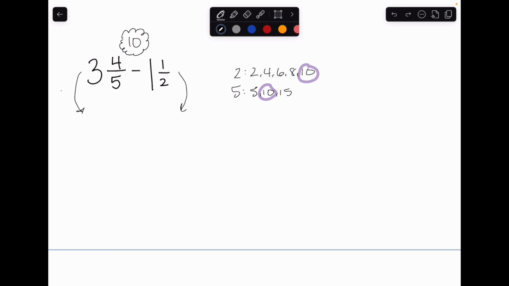So 4/5 is going to be multiplied by 2 because 5 times 2 is 10. And 1/2 is going to be multiplied by 5 because 2 times 5 is 10. My 4 times 2 for my numerator is going to be 8, and 1 times 5 is 5. And then I can just copy those whole numbers down.